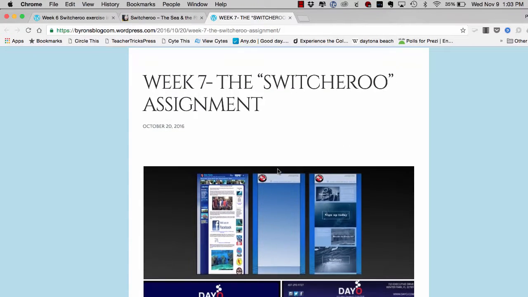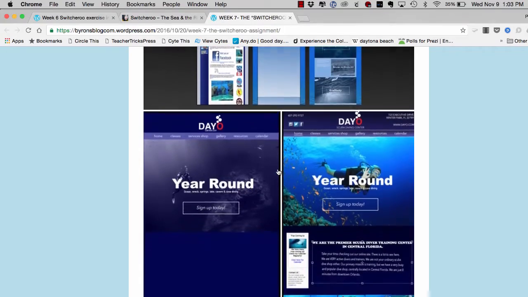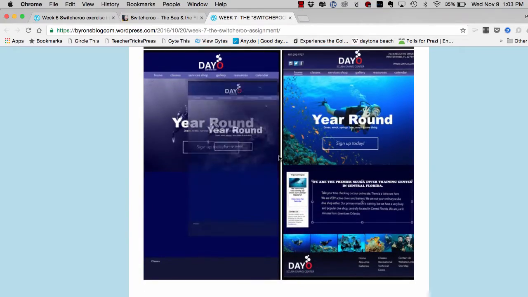And then from there they reflect on what their experience was like as they went through the assignment, and the pressure that they felt dealing with the time constraint, as well as any of the frustrations that they might have felt when they switched, and how it connects to working with the industry.